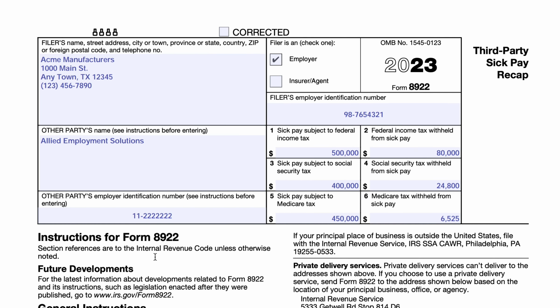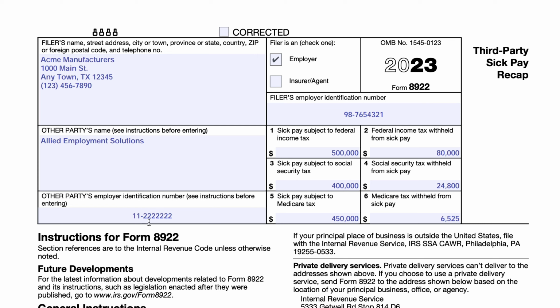So, if you provide the name and employer ID number for each employer, then you would have to issue that separately. If you don't, then they can all go on one form.